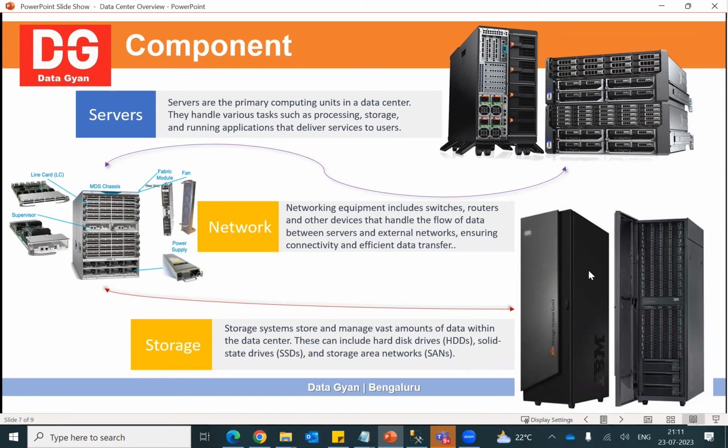And then it will not be saved in a single hard drive. It will be split. There are a lot of technologies used by these storage devices, like RAID and all. So your photo will be saved across different hard drives, so that if any hard drive fails, your data will not be lost. You can still access your data or your photos.